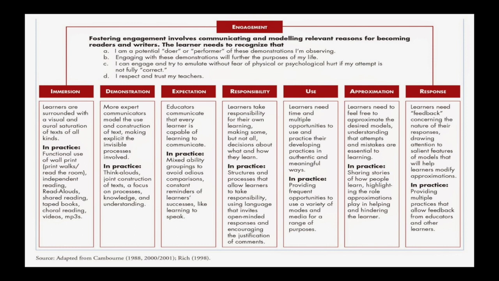And the sixth step of Cambourne's learning conditions is employment. Employment is where students are able to apply what they are learning in a different setting. So does the student take what they have learned and put it to use where it can be applied elsewhere?